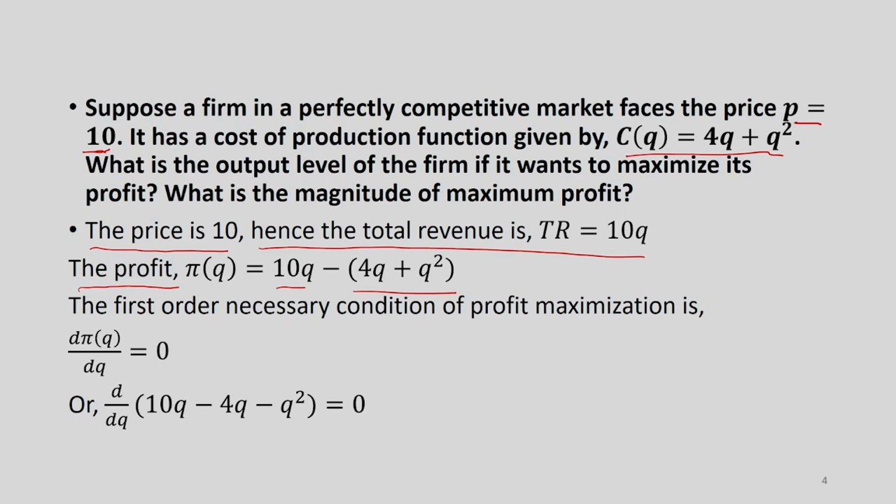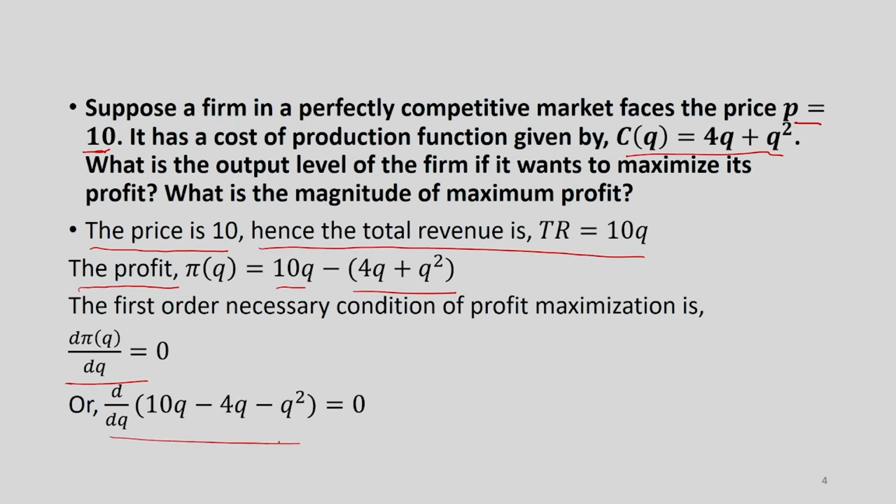So the profit function has been found out. I have to now find out the output level where the profit is maximized. To do that, I have to depend on the first and the second order conditions. The first order necessary condition of profit maximization is the first derivative of the profit with respect to quantity is equal to 0.